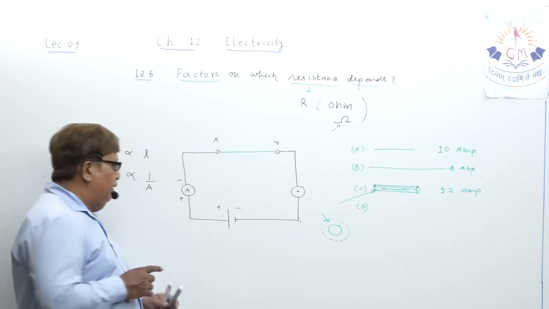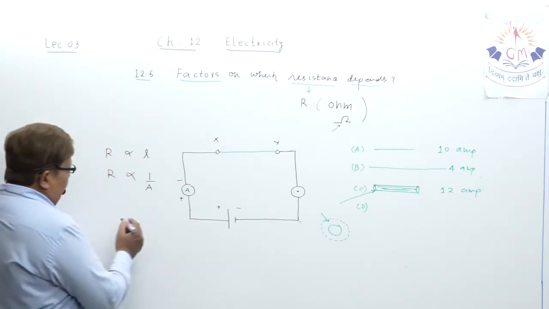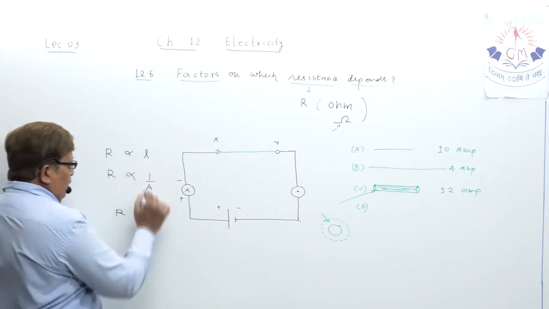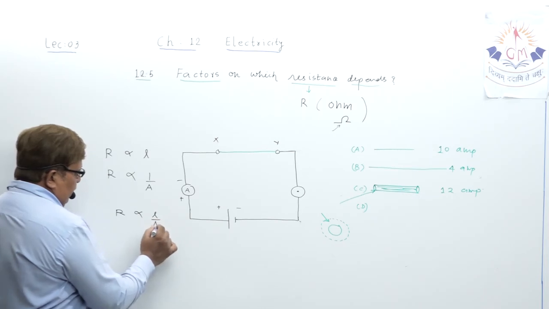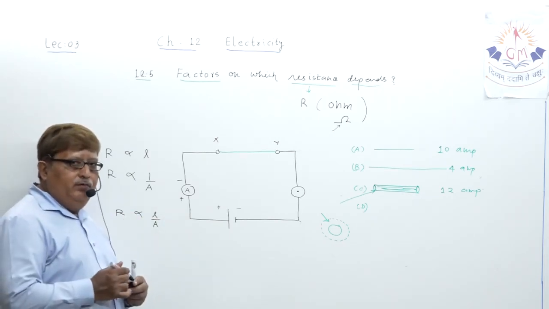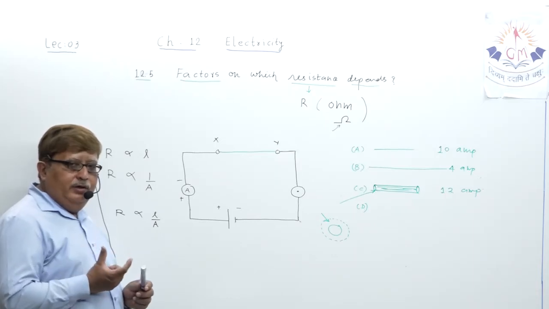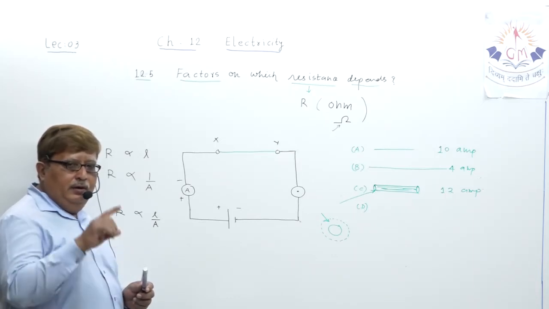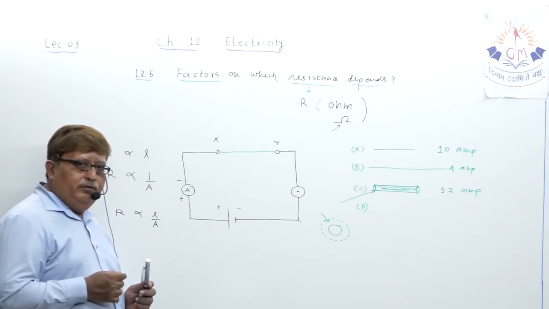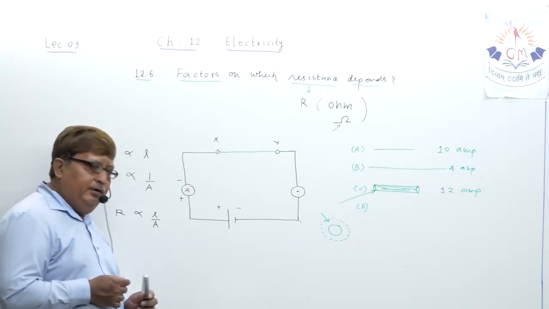Okay, dear student, if I combine this, I can write this way: R proportional to L upon A. Resistance depends on two factors: length of the conductor and thickness, that means the area of cross section. Understand, right?